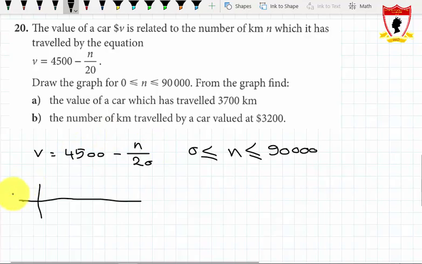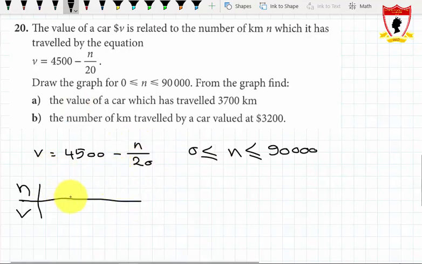N is inside the equation. N must be here. It works just like x and y there. The values of n must be between 0 and 90,000. It's better to pick values that are divisible by 20. That makes your calculation easier if you are not using a calculator. Even if you are using a calculator, it gives you some whole numbers that are easier to plot on the xy axis.